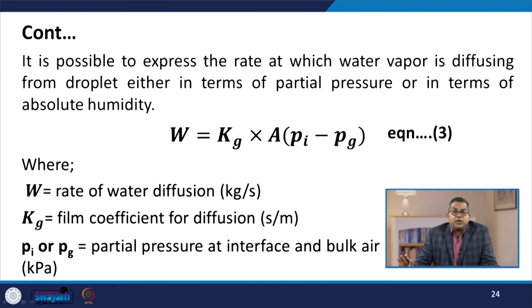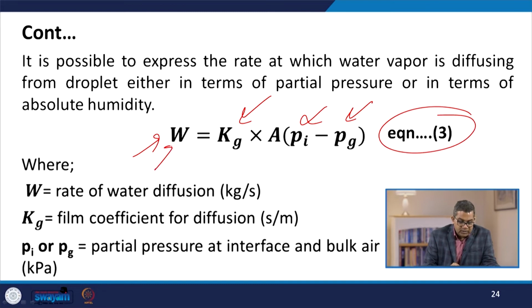Now, it is possible to express the rate at which the water vapor is diffusing from the droplet either in terms of partial pressure or in terms of absolute humidity. So, if we take the water, W is equal to Kg into A into (Pi minus Pg), that is equation number 3, where W is the rate of water diffusion in kilogram per second.